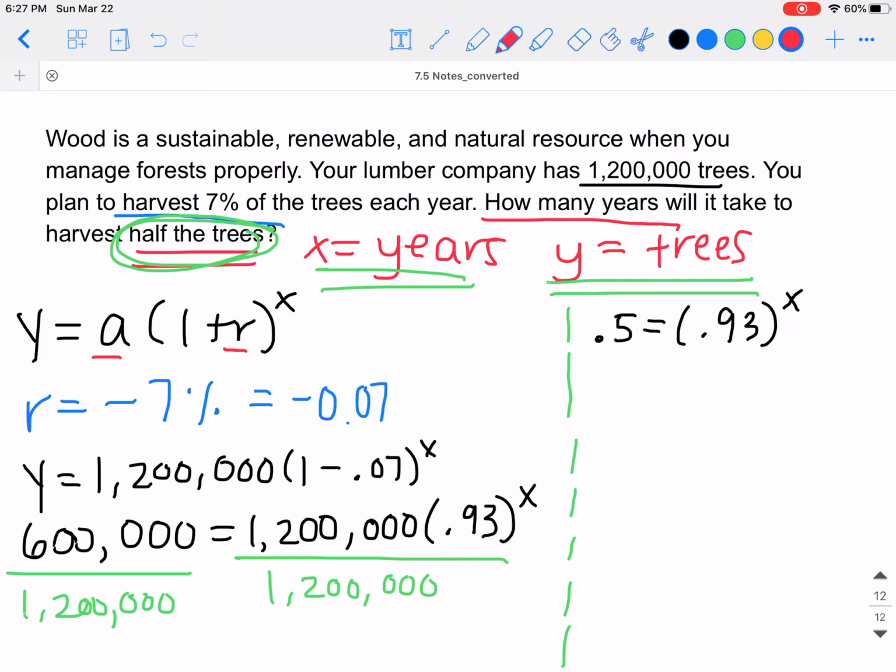So now we have an equation that looks very similar to the problems that we were looking at before, but we have different bases. If we have different bases, we know that we're able to add log to both sides of this equation. So we have log of 0.5 equals log of 0.93 raised to the x power.